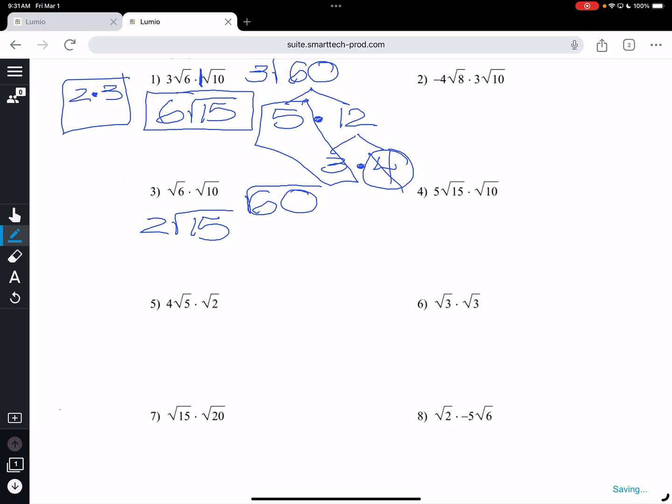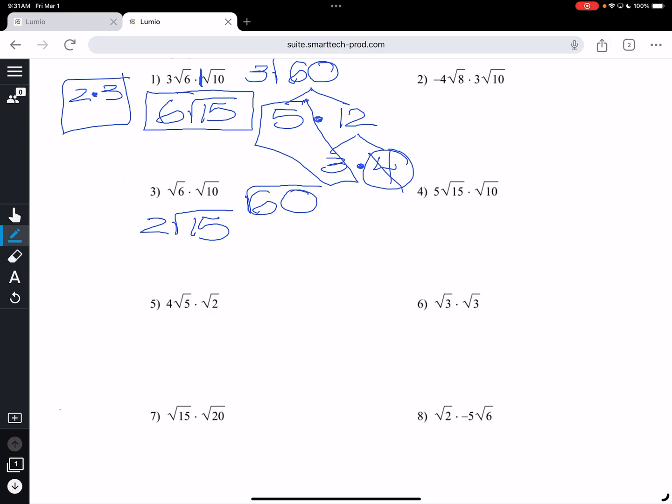That takes us back to just the breakdown of 60 that we just did. And the only perfect square we found within 60 was the 4, which comes out as our 2, and we're left with that 3 and 5, which gives us 15. Good with that? All right, we're moving to 5.